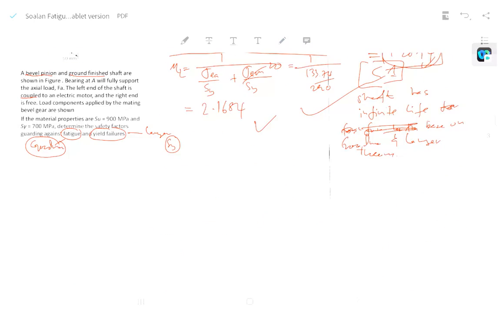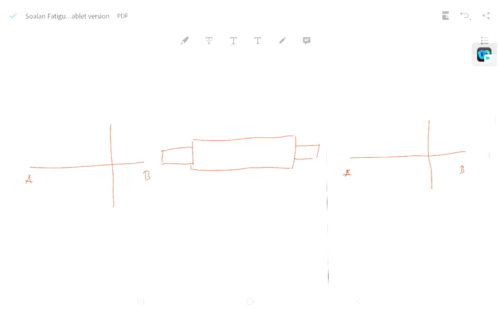Then we draw the force, one here, one here.